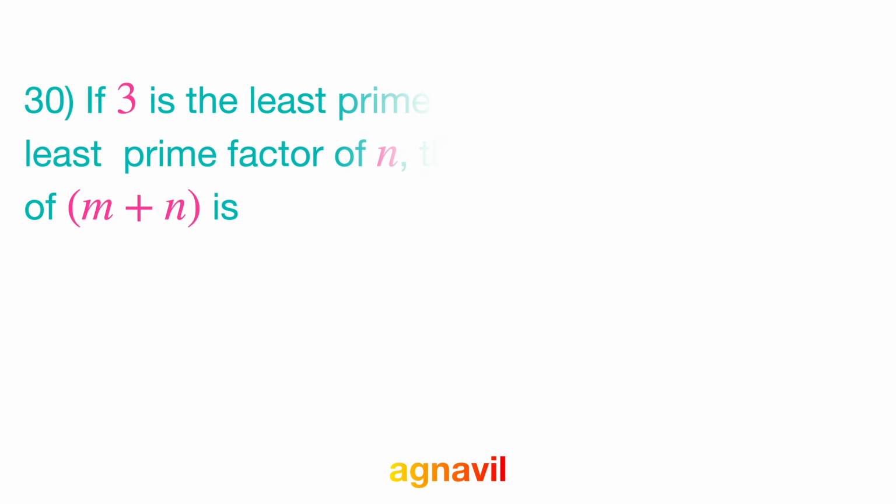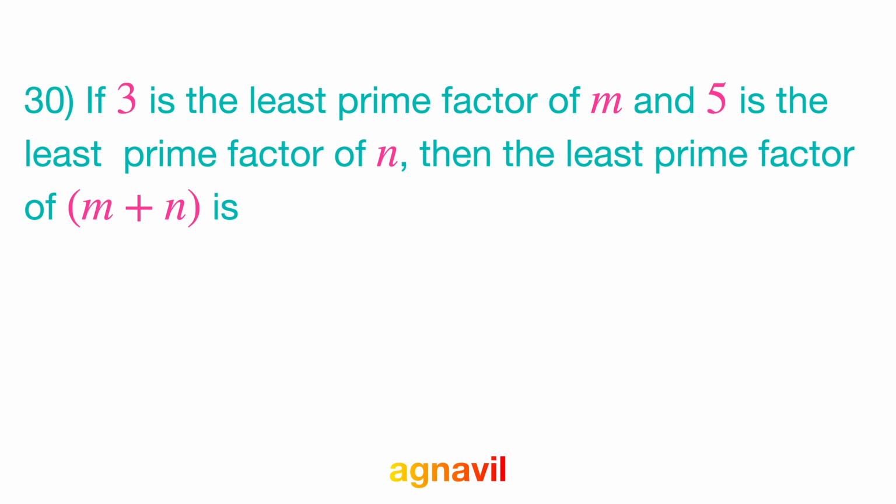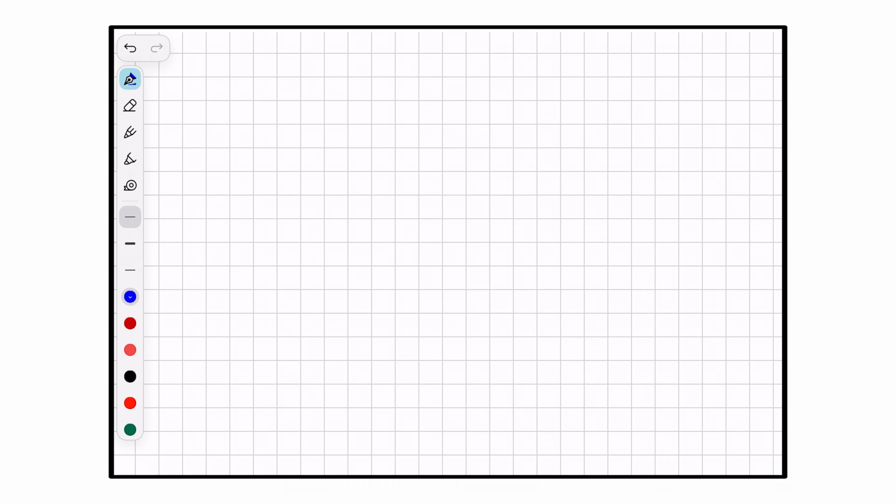If 3 is the least prime factor of m and 5 is the least prime factor of n, then the least prime factor of m plus n is, we have 4 options: 11, 2, 3 and 5. In this problem, we can write m as a number, and it is given that when it is prime factorized, 3 is the least prime factor.